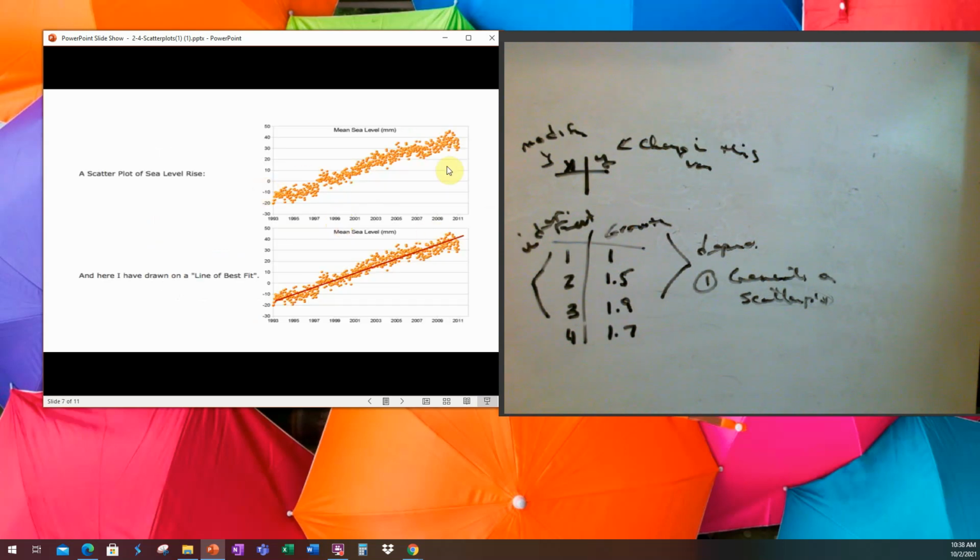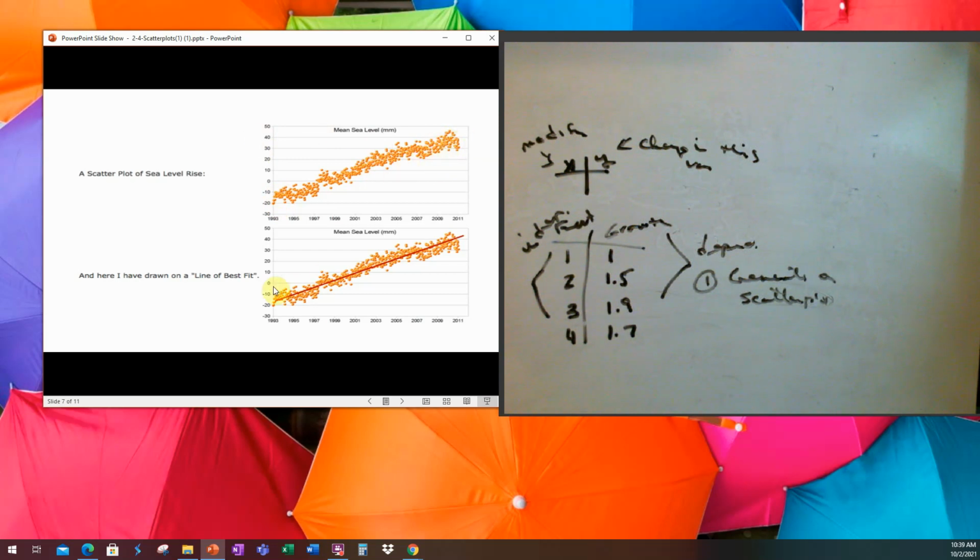So here's a scatter plot of sea level rise. If we try to interpret it, I see 1993 up to 2011, so this data goes through that time period. And there's some sea level rise variability in here naturally because of tidal actions and different things. But as time has gone on from 1993 to 2011, we see that the mean sea level has risen from a minus 20 somewhere along in here up to positive 30, 40 millimeters.